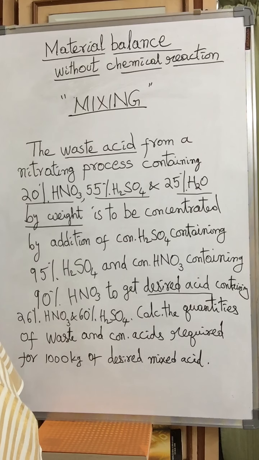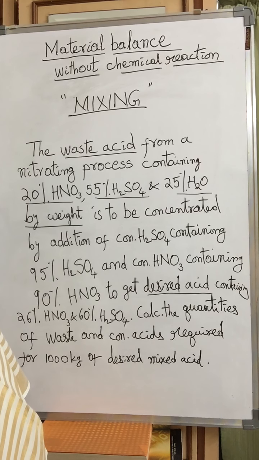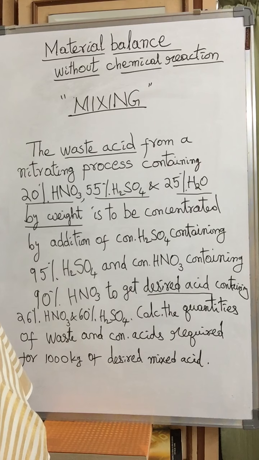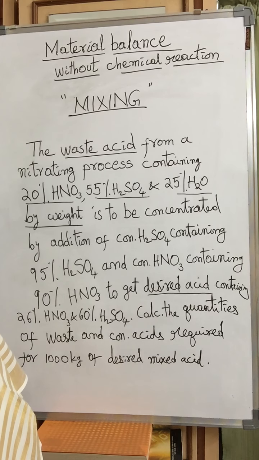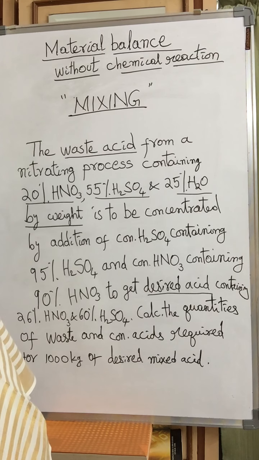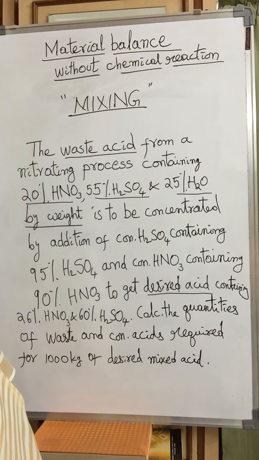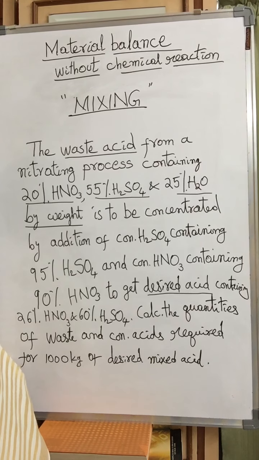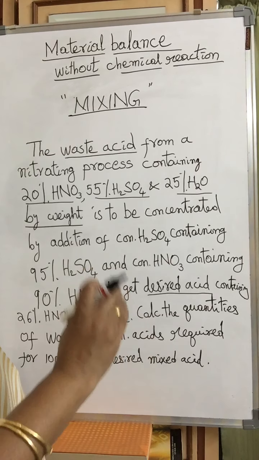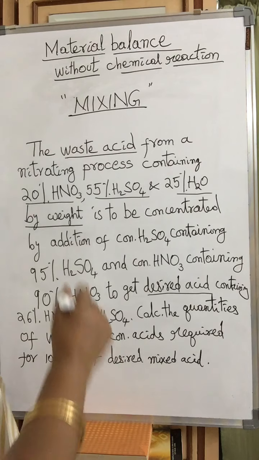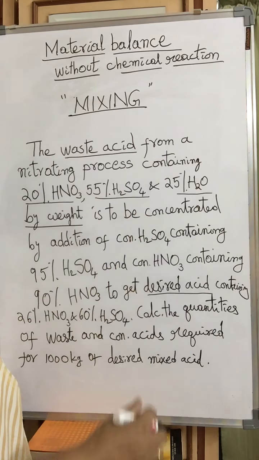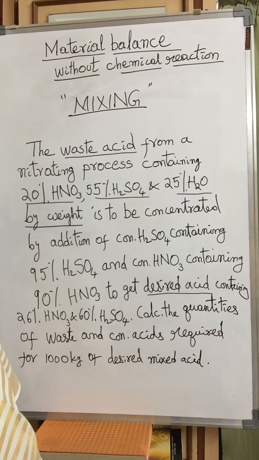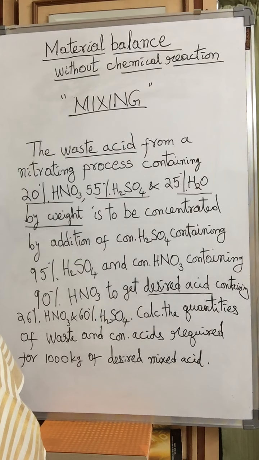Why they are saying waste acid is that many chemical industries, especially fertilizer industries, have liquid wastewater that contains some amount of acids, say HNO3, H2SO4. For that particular industry it is waste acid, but it can be strengthened by the addition of concentrated acids.